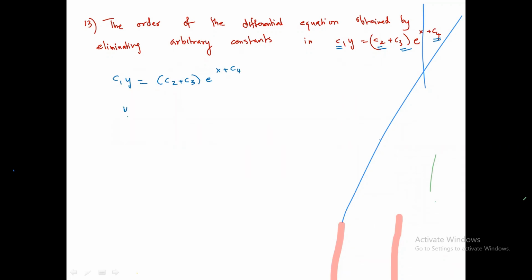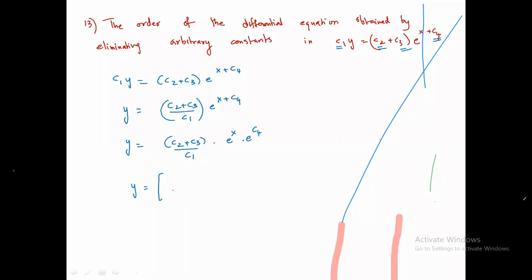That means y you can write as (C2 + C3)/C1 times e^(x + C4). This is what you can write. Or you can still simplify it as (C2 + C3)/C1 into e^x into e^C4.